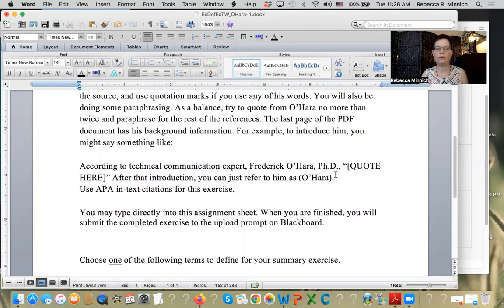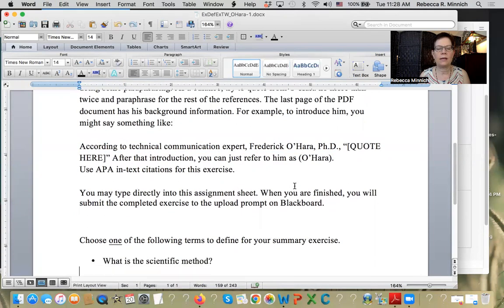You can do that for the second time that you quote O'Hara. But the first time you quote O'Hara, make sure that you have a complete source introduction right there. Make sure you spell his name correctly, all that stuff.